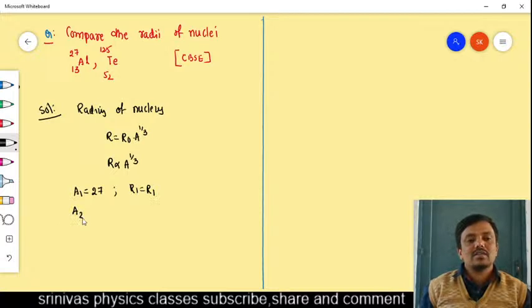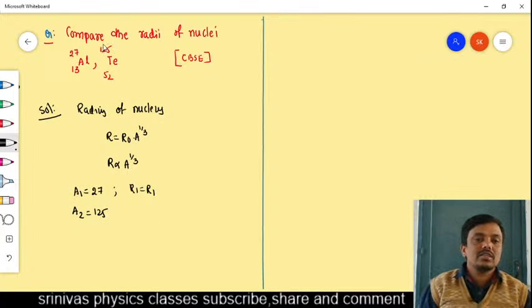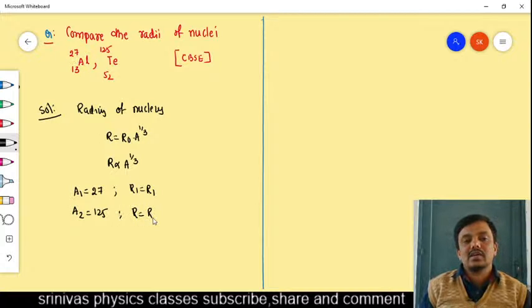Second nuclei, tellurium, mass number 125, and its radius we can take as R2. Very easy problem. We write this in ratio form: R1 by R2 is equal to A1 by A2 whole power 1 by 3.